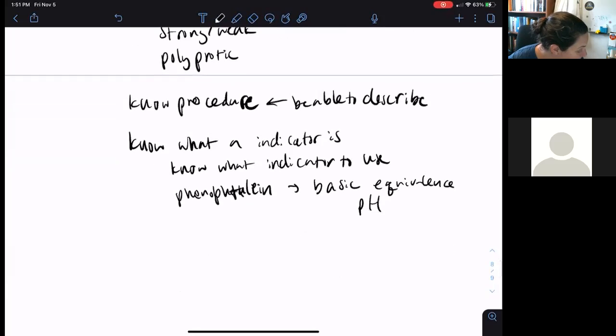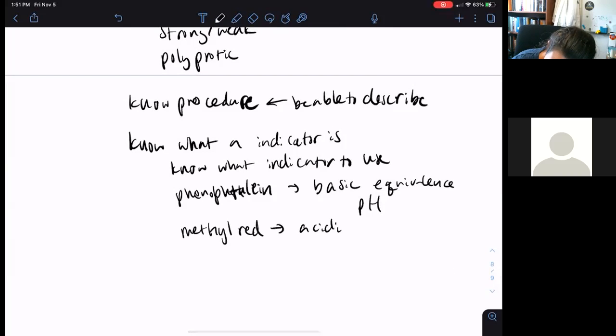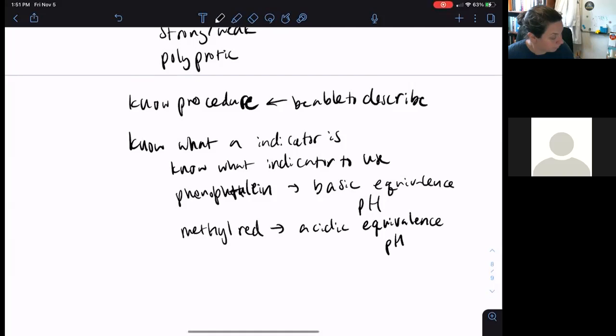And then we also talked about methyl red. And this would be for an acidic equivalence pH. Let's see.